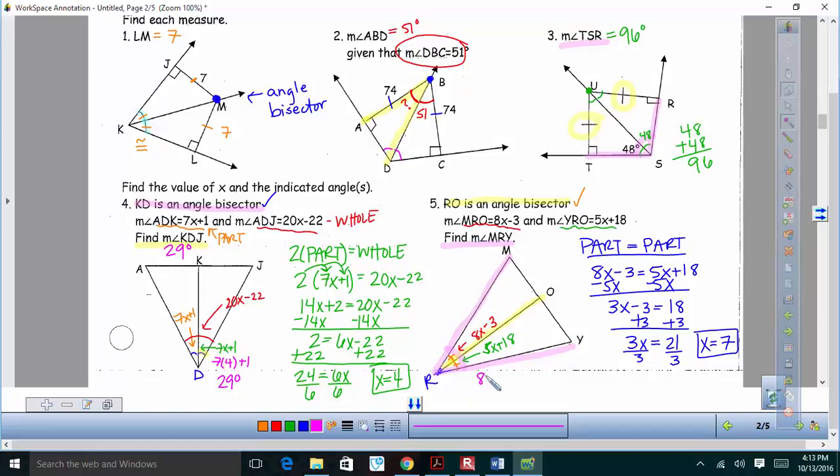So we're going to do 8 times 7 minus 3. 8 times 7 is 56, minus 3 is 53. And since I need it twice, I'm going to multiply it by 2. And so that's going to equal 106 degrees.